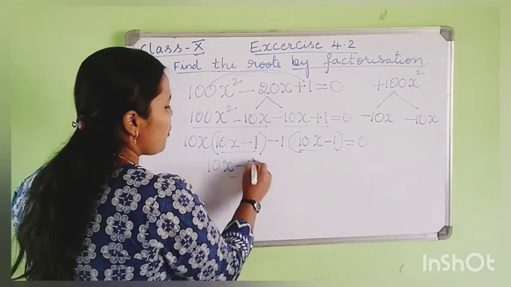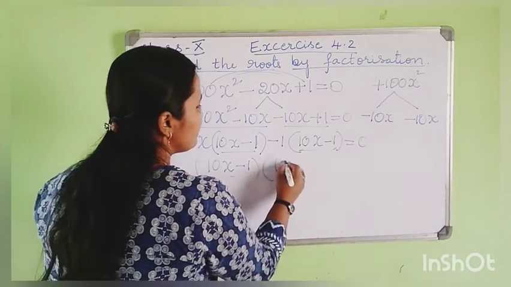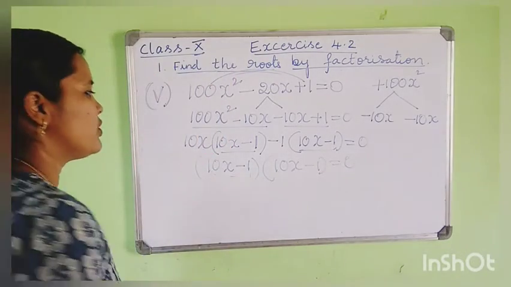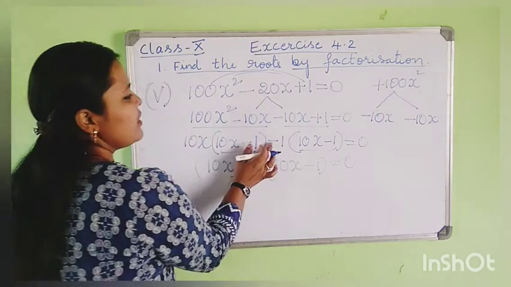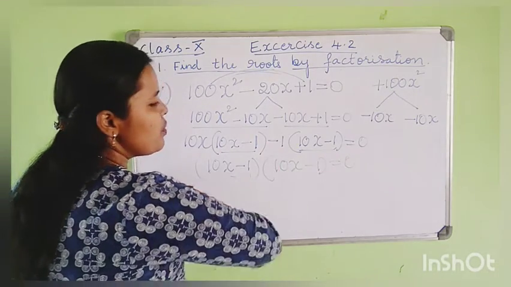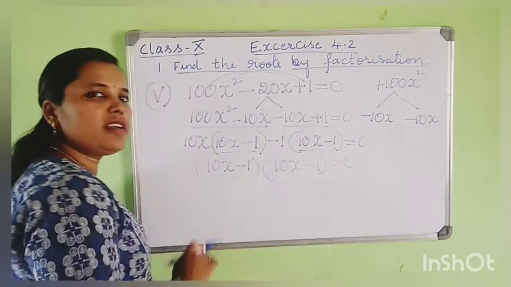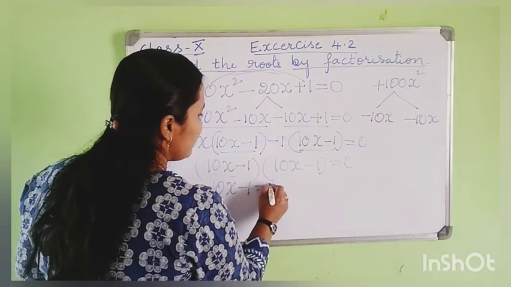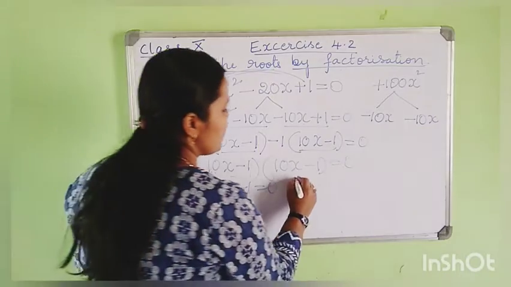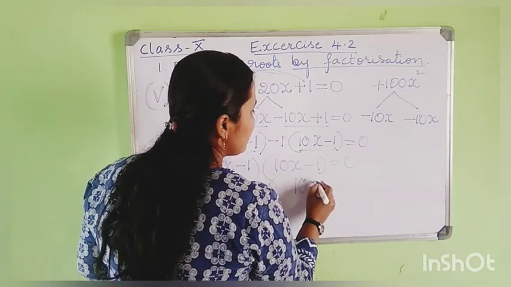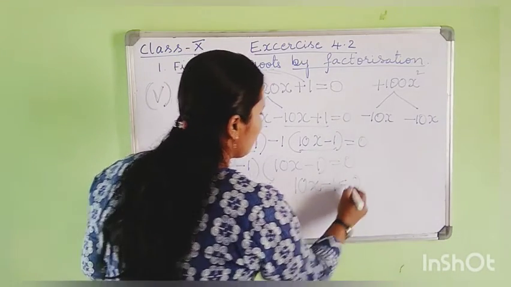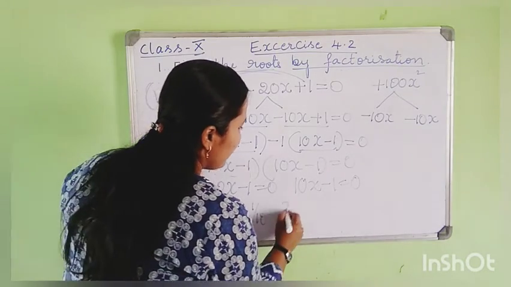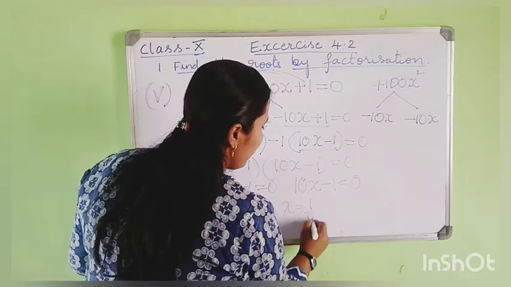So for this problem also, we'll get same roots. So 10x minus 1 is remaining. Now for roots, when we equate 0 for both the factors, you will get 10x minus 1 is equal to 0. 10x minus 1 is equal to 0. You will get x is equal to 1 by 10 or x is equal to 1 by 10.